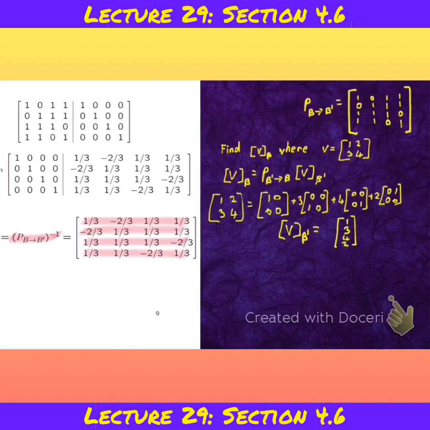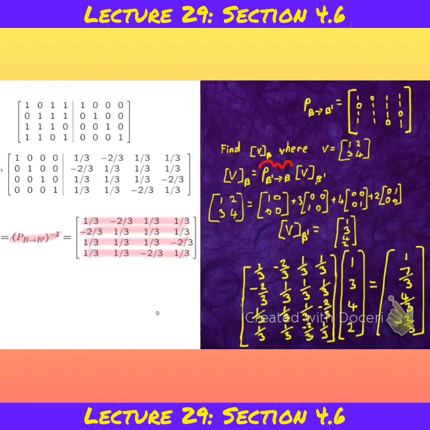Okay, so the change of basis matrix we're talking about here is that one there. Plugging all of that in and working it out, we get this expression. So we took that and multiplied it with that vector. Okay, so that's the application. So the coordinate vector of V with respect to the basis B is this vector.